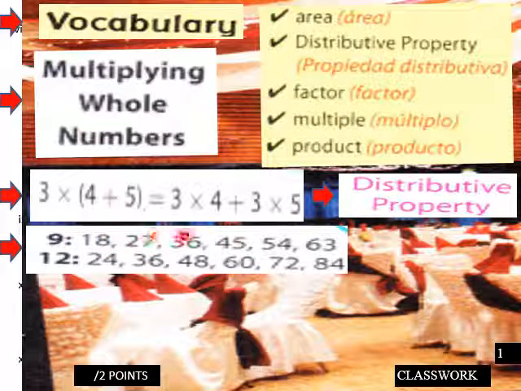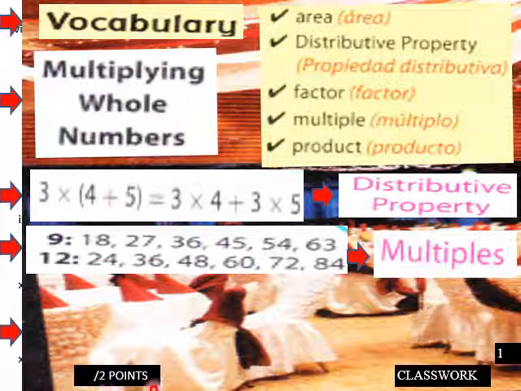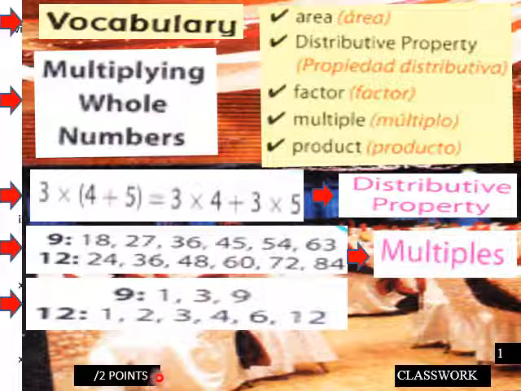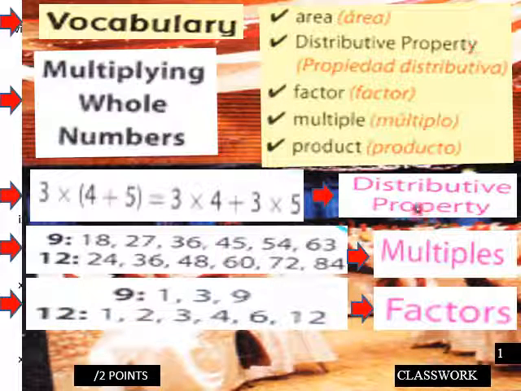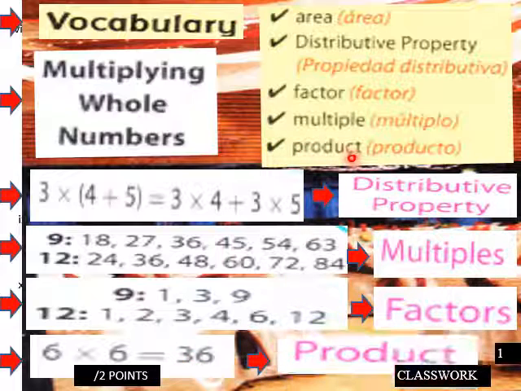These are multiples of 9 here. And then these are multiples of 12. So multiple would be the keyword there. And then these are what of this number? Choosing from our list up here, they would be factors. And then 6 times 6 equals 36. That would be a product here.